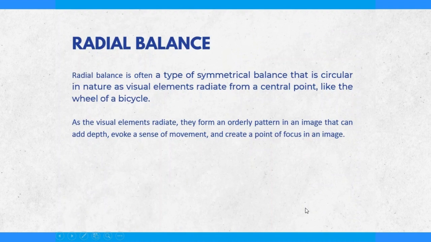Now, apart from these two balances that we mentioned, we have a radial balance. In the radial balance, the elements are arranged in a circular manner in which they rotate from a central point, just like the wheel of a bicycle. So this happens in a very orderly pattern and gives a sense of depth and a sense of movement to the design.